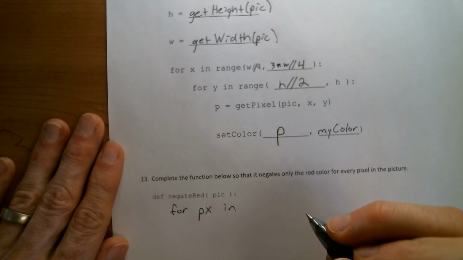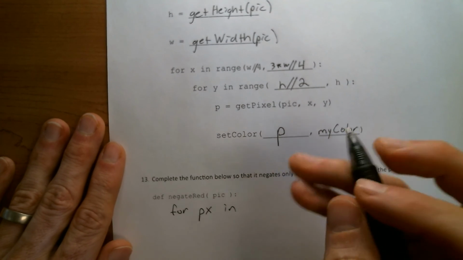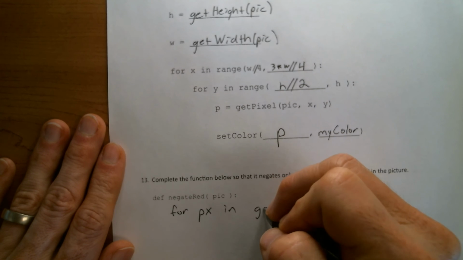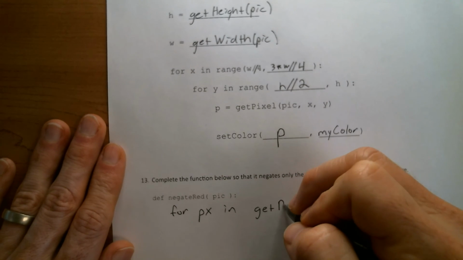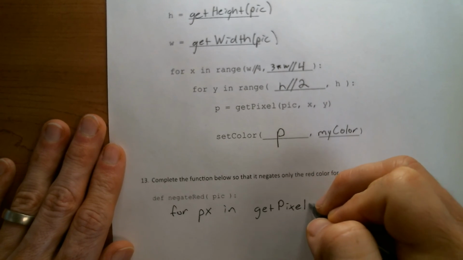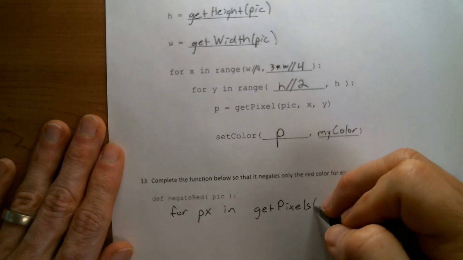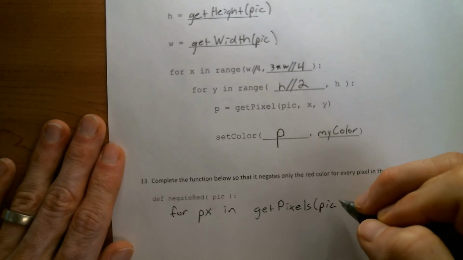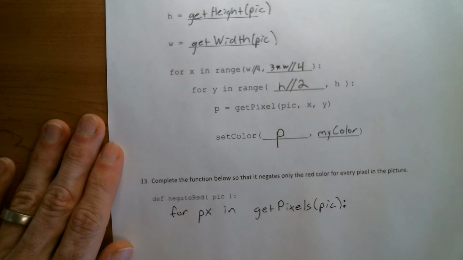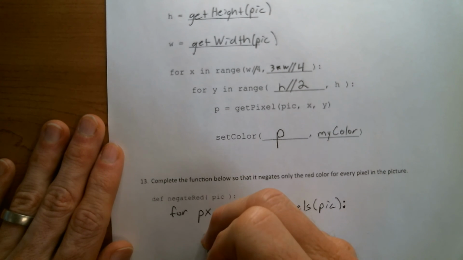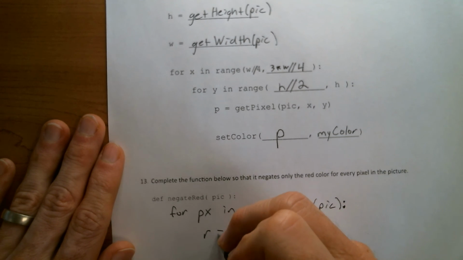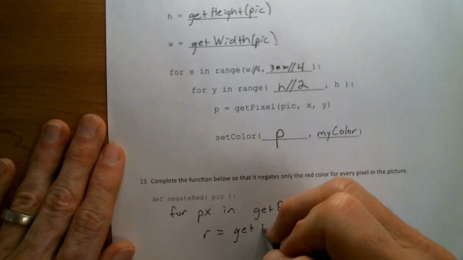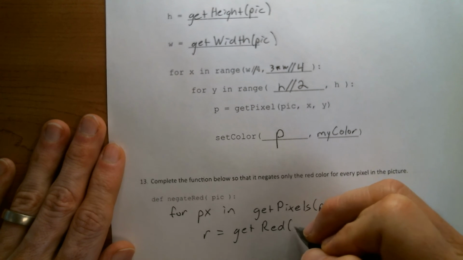In, and then we're not doing a range. Instead, we're using get pixels. That will automatically get all of our pixels from the picture. Then we go to R equals get red of px.